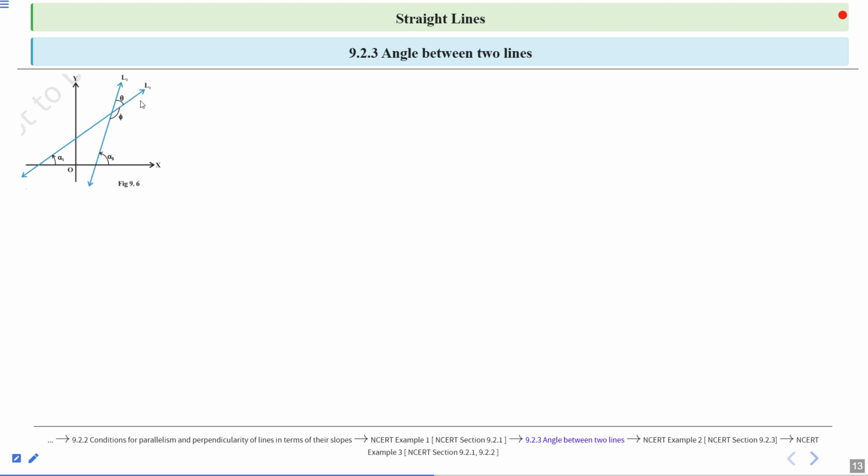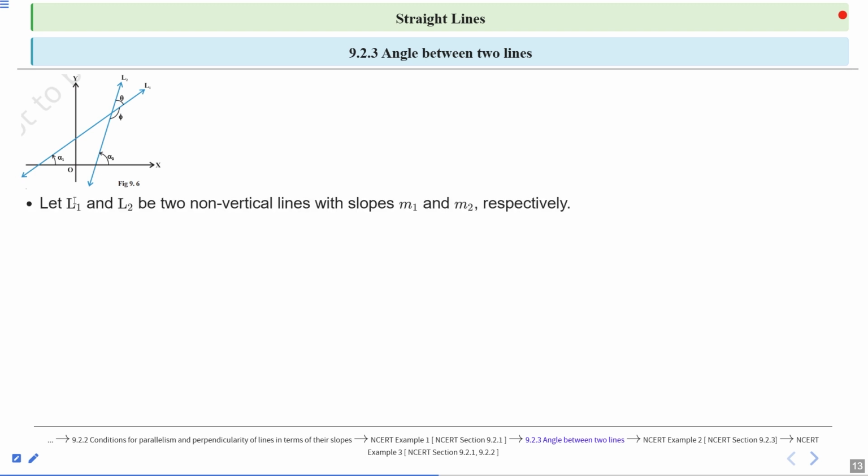You can see this in figure 9.6. Here the two lines L1 and L2 make an angle theta between them, and this other angle is phi. Phi is basically the supplementary angle of theta.